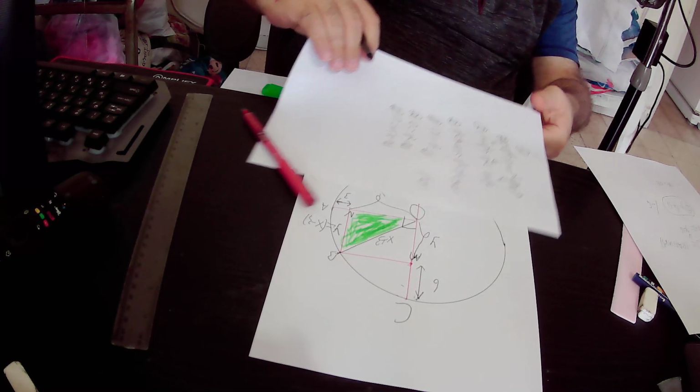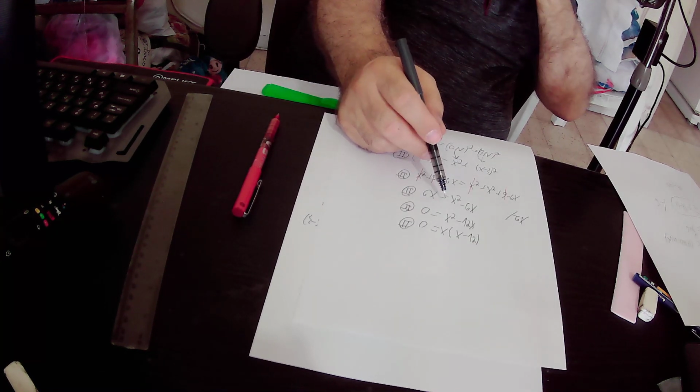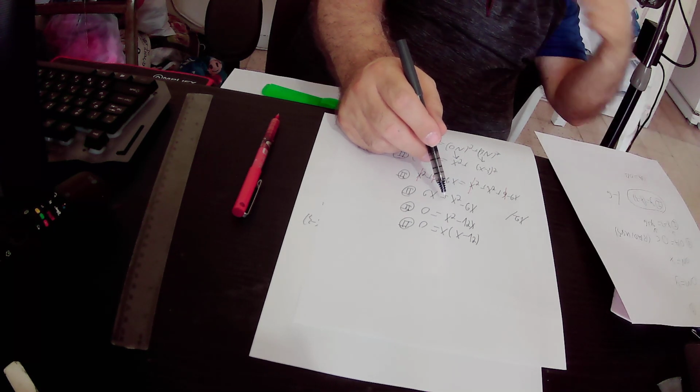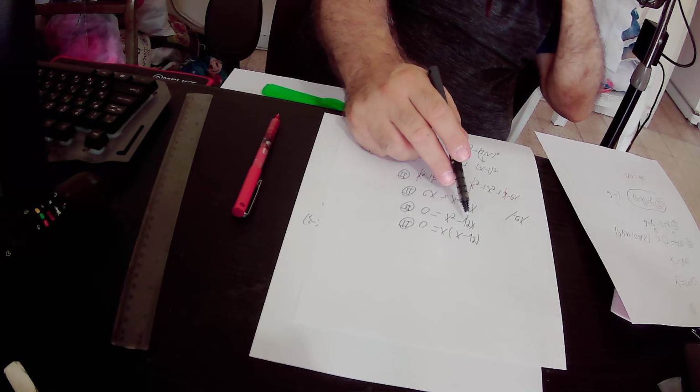We took a common factor out of equation number 2. We got that 0 equals x times (x minus 12).